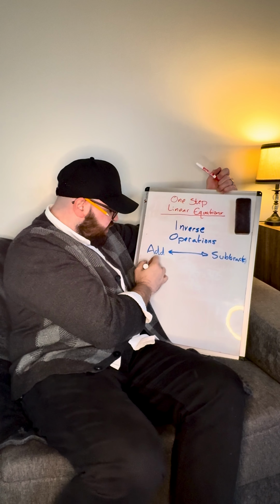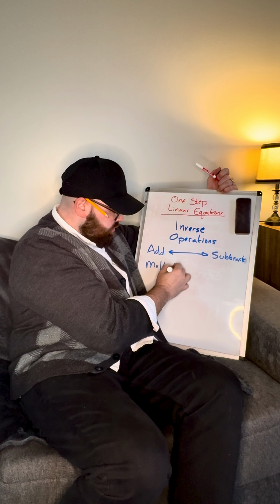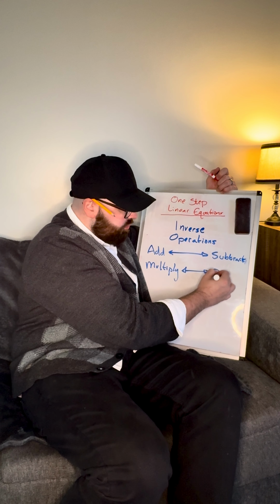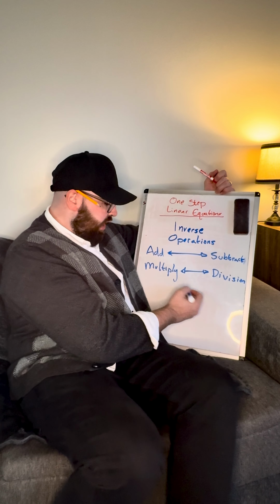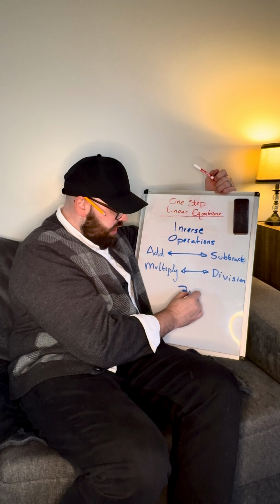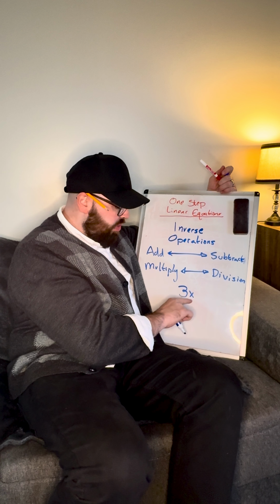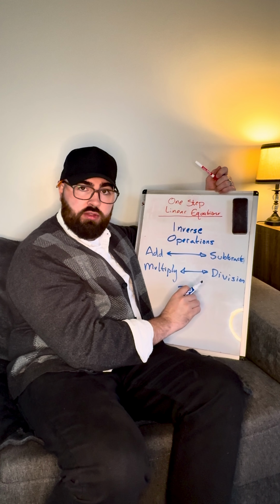Now, for multiplication and division, those are opposites of each other. If we have 3x equals 15, these numbers are paired together like we saw earlier. When there's nothing between them, we always call it multiplication.